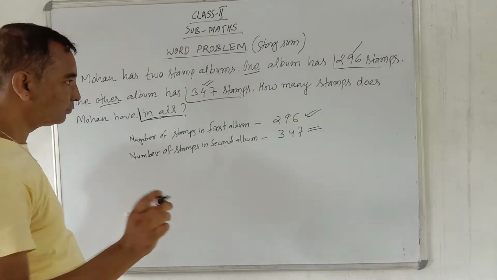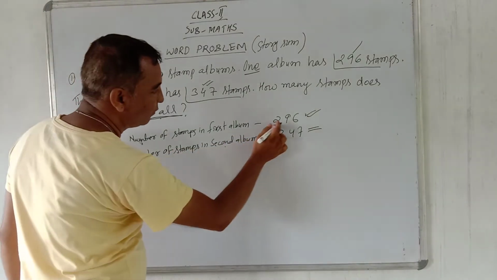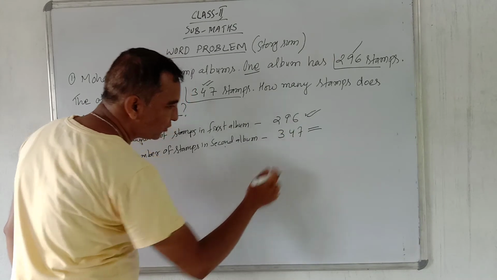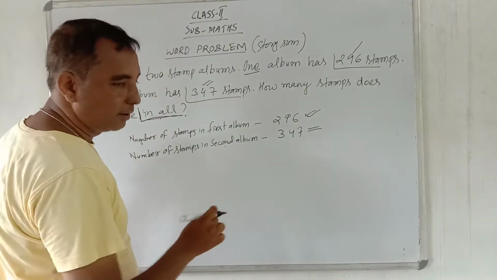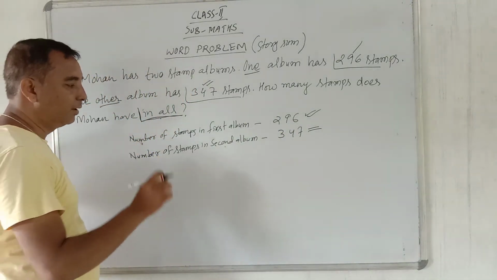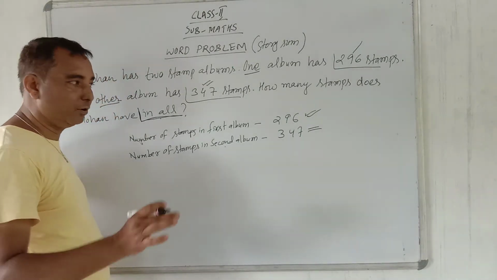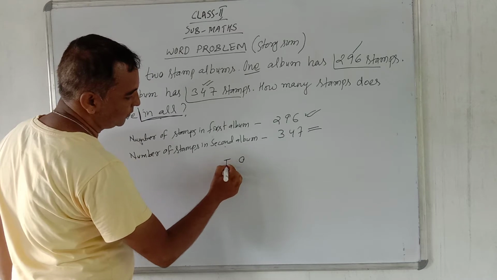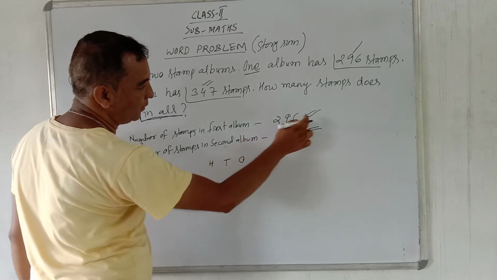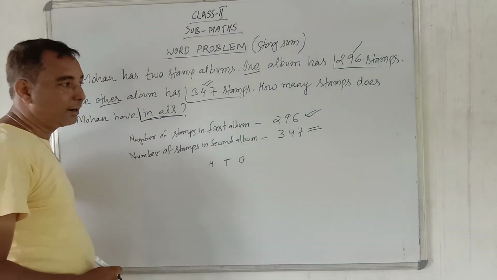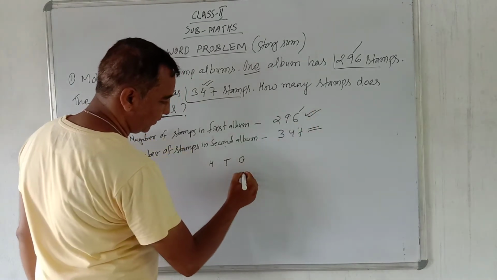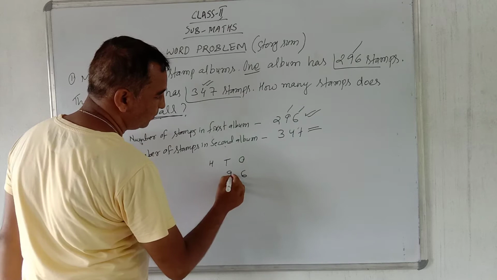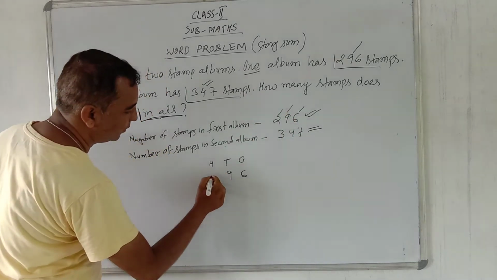Now, let's start. First, we have to write this. Whenever we do addition, subtraction, multiplication, any type of math, we have to arrange the numbers very carefully: ones, tens, hundreds. Then 3 digits. Now, 6 is in the ones place, 9 is in the tens place, 2 is in the hundreds place.